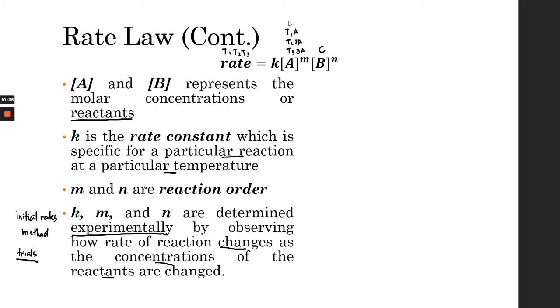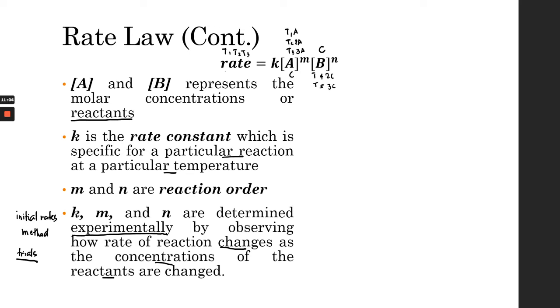After that, we're going to keep A constant and keep changing the concentration of B. So for trial 4 and trial 5, we multiply the concentration of B by 2, then we triple the concentration of B, but we keep A constant.